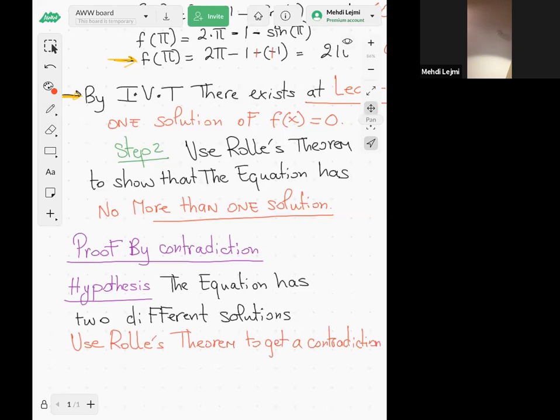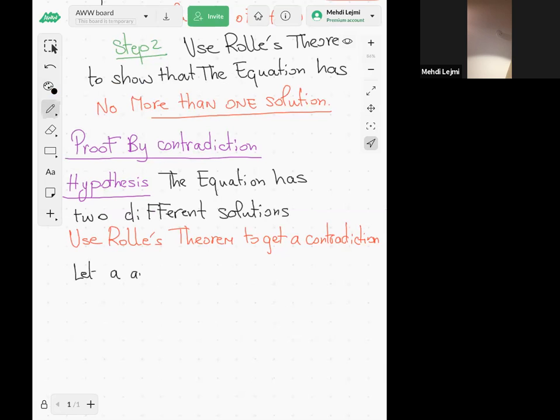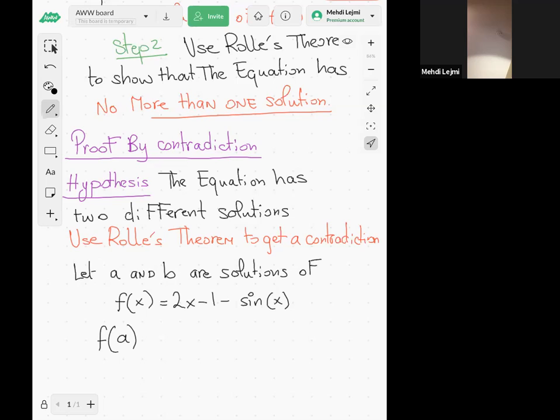So let a and b be my solutions of my equation, f of x equals 2x minus 1 minus sine of x. So f of a is 0, and f of b is 0.